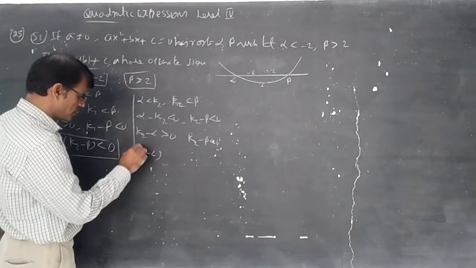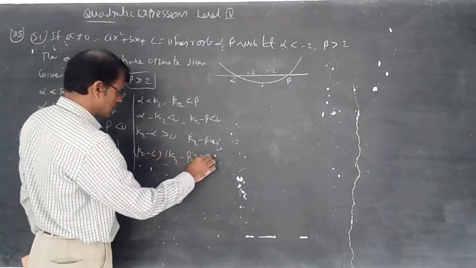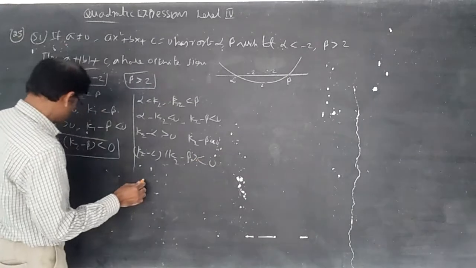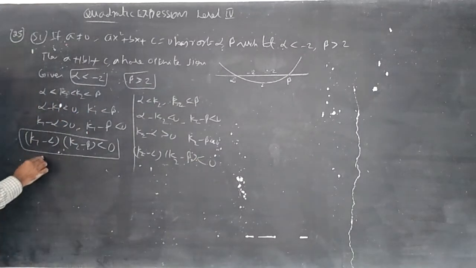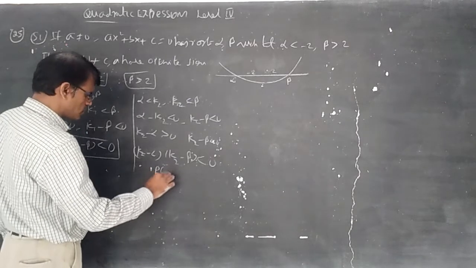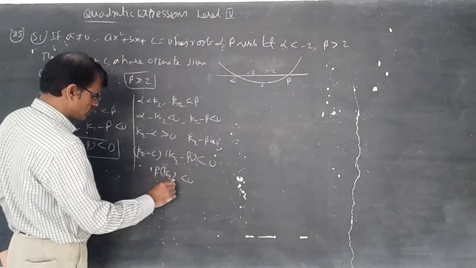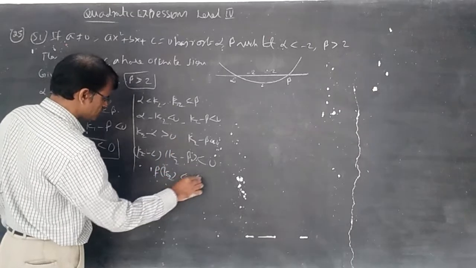So (K2 minus alpha) into (K2 minus beta) less than 0. So here I am going to discuss with you that f of K1 less than 0, and here also f of K2 less than 0.